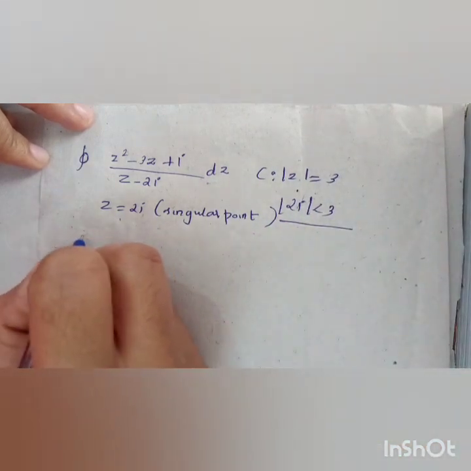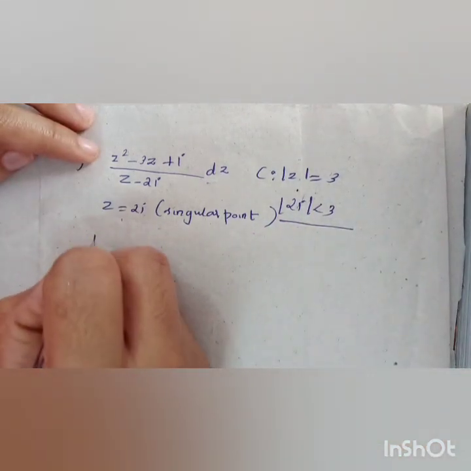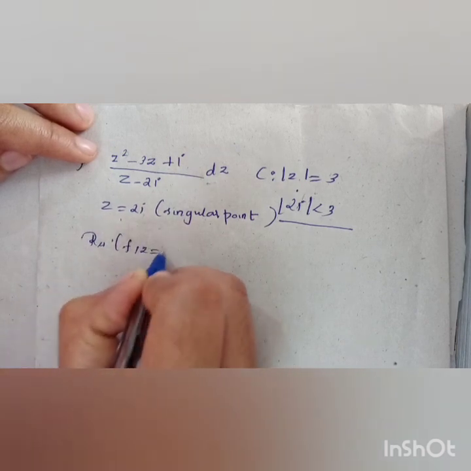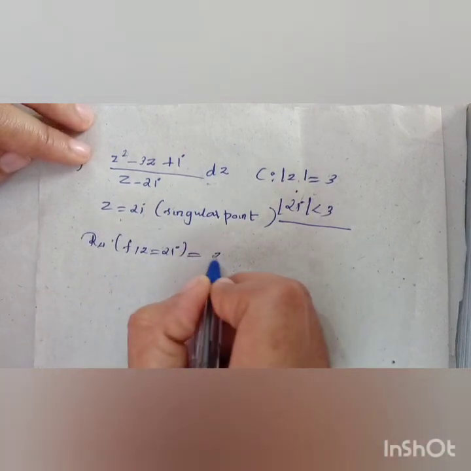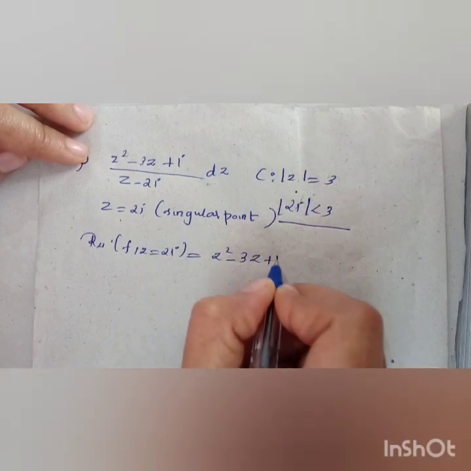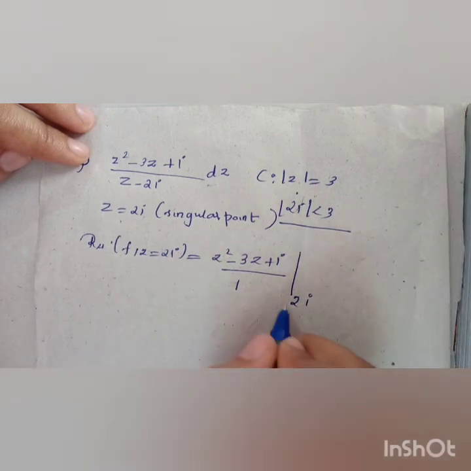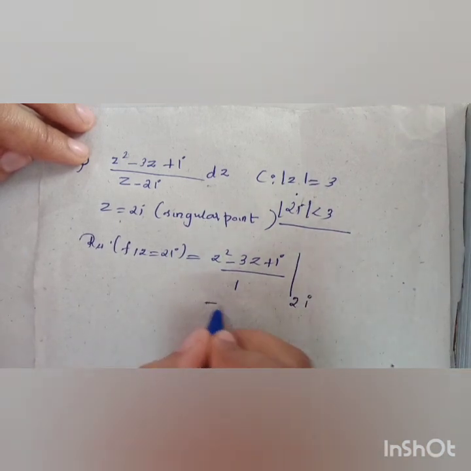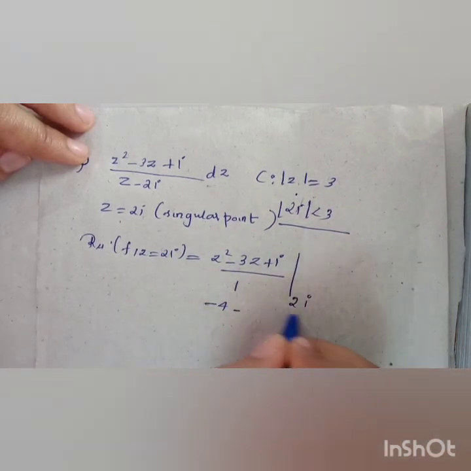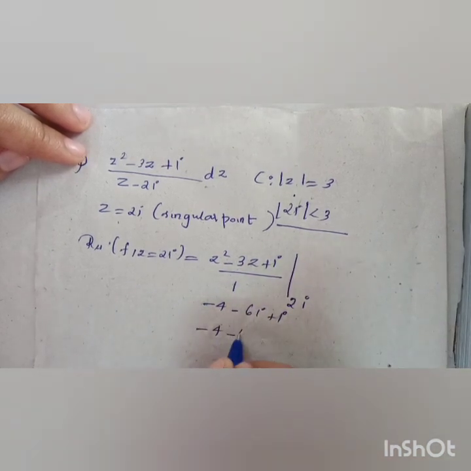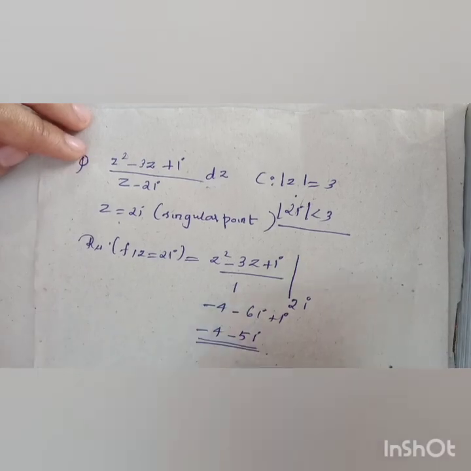So you have to find the residue of the function at z equal to 2I, that is z square minus 3z plus I divided by the derivative 1, at 2I. So z square is minus 4, minus 3 into 2I is 6I, plus I.